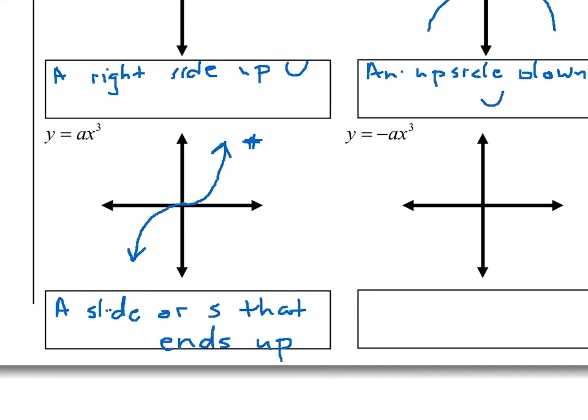Now a negative, we saw, ends negatively. It's got the same shape, it just ends negatively. So this is a slide, or S, that ends down.